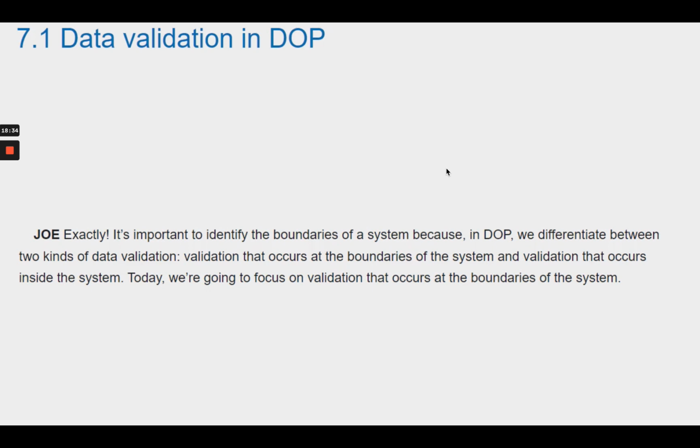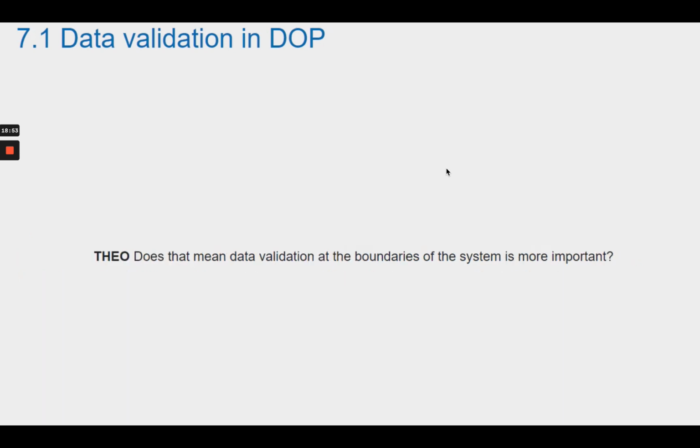Joe: Exactly. It's important to identify the boundaries of a system because in DOP we differentiate between 2 kinds of data validation: validation that occurs at the boundaries of the system and validation that occurs inside the system. Today we're going to focus on validation that occurs at the boundaries of the system. Theo: Does that mean data validation at the boundaries of the system is more important?